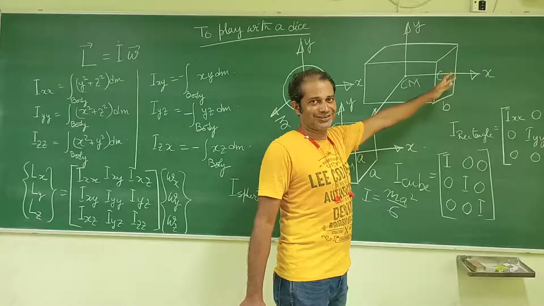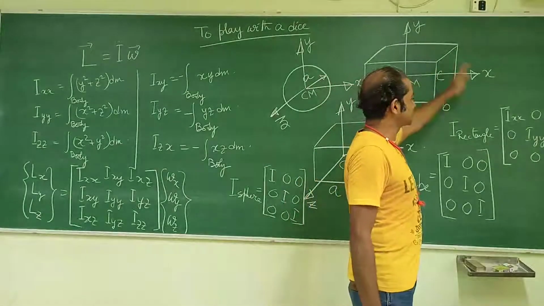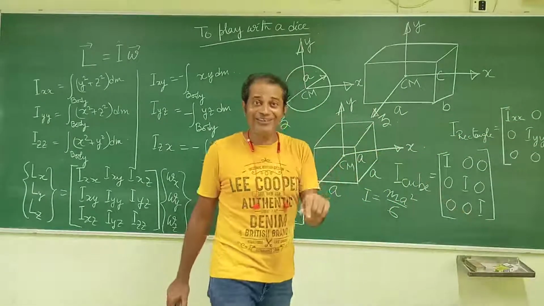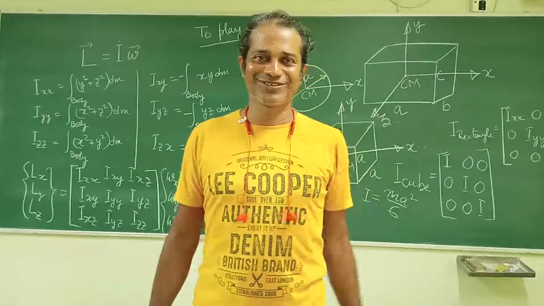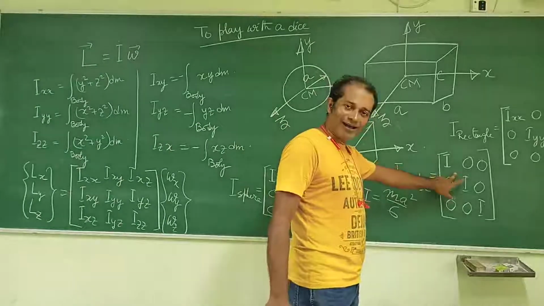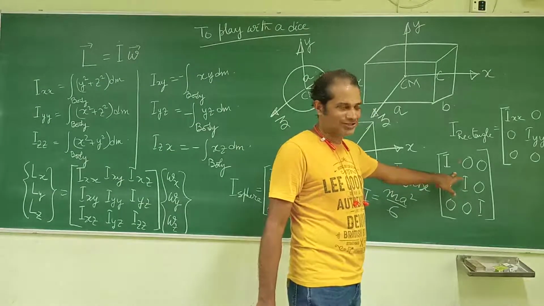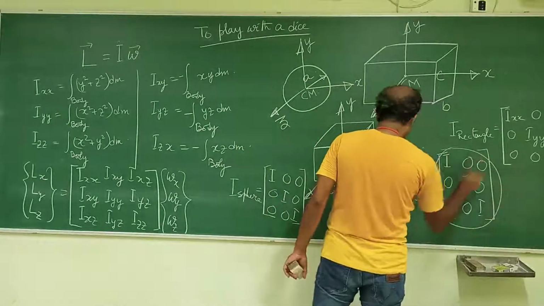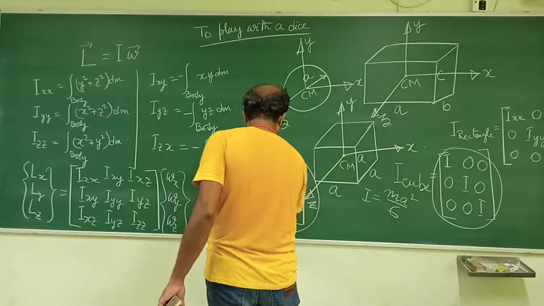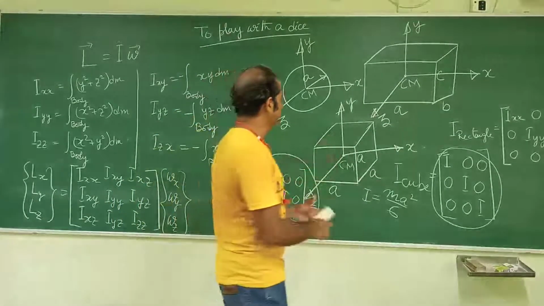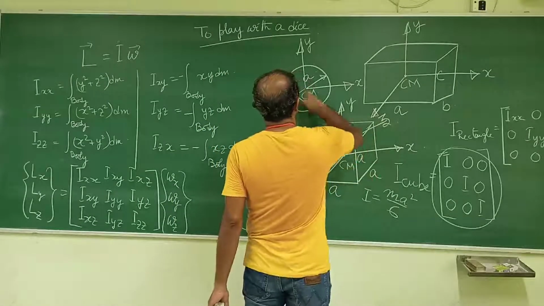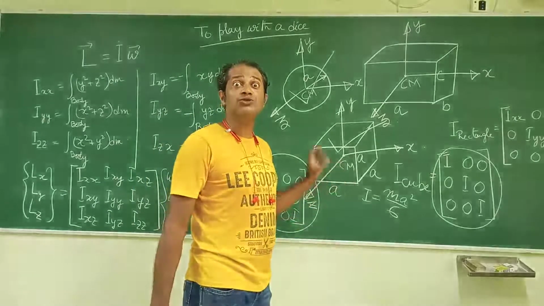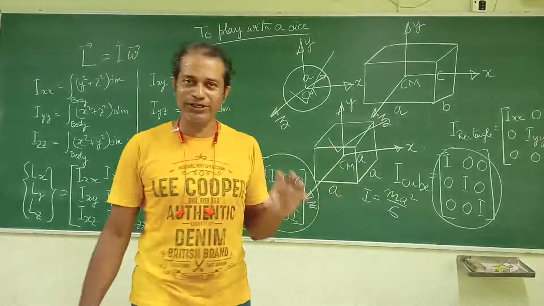Mind it carefully. If I change the coordinate, the entire thing is going to change. How? It is going to change as R I R transpose. Now over here, if you do R I R transpose, nothing is going to change, because these two are isotropic. So a sphere and a cube are isotropic inertia property bodies.